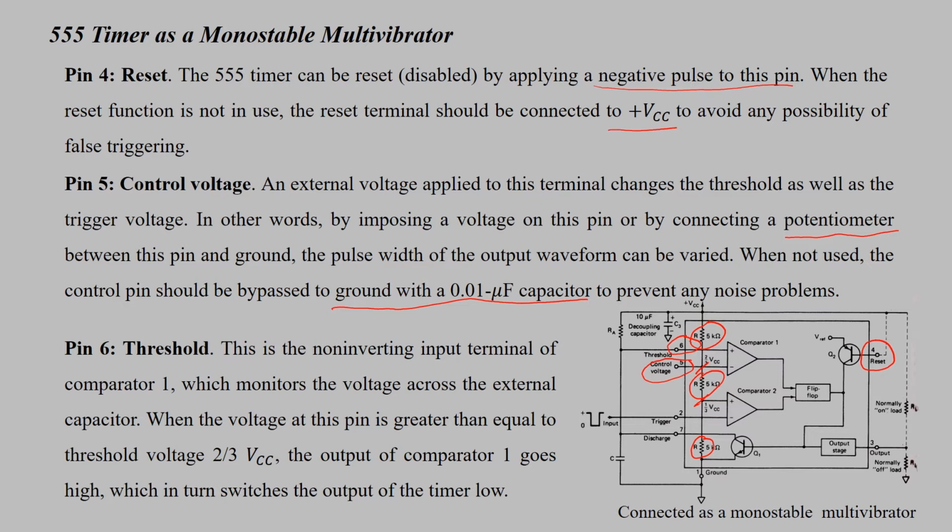So at first, from VCC, the first resistance will give 2/3 VCC, and at the second it will be 1/3 VCC. So these figures come because we are using three 5K resistances in the 555 timer.